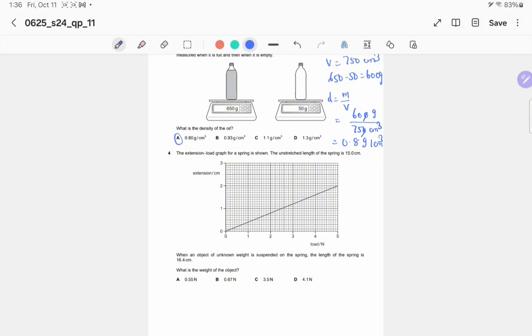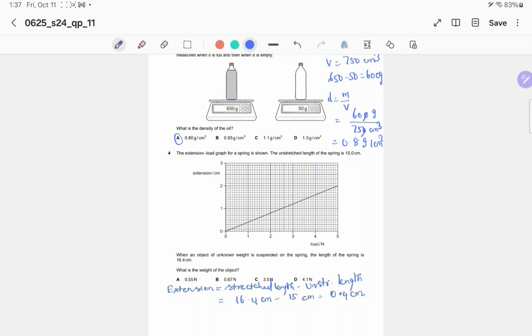So extension equals stretched length minus unstretched length. So stretched length is 16.4 centimeter minus the unstretched length 15 centimeter. So it is 0.4 centimeter extension. Okay, extension is 0.4 centimeters.